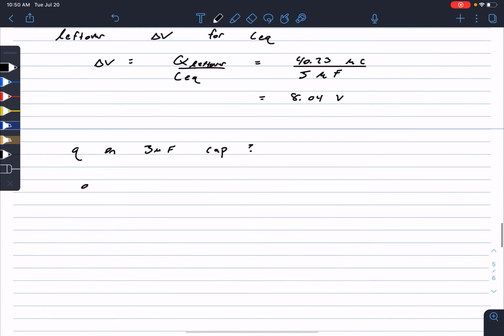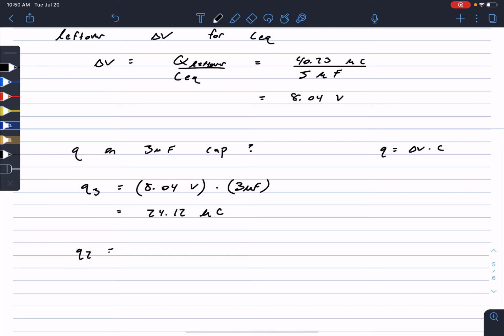We'll call this Q3 is equal to 8.04, the leftover potential difference. Remember, Q is equal to the change in potential times the capacitance. So now we have 3 microfarads. That leaves us with 24.12 microcoulombs. That's how much charge is left on this capacitor.